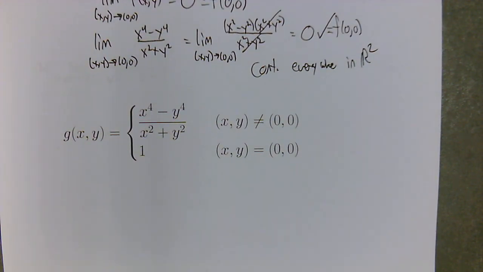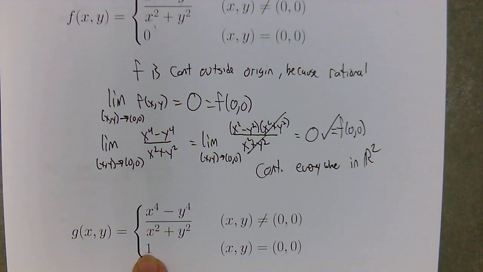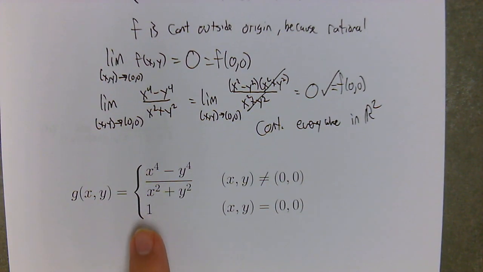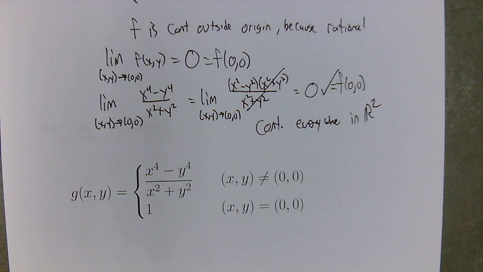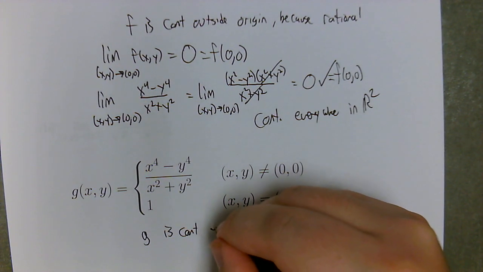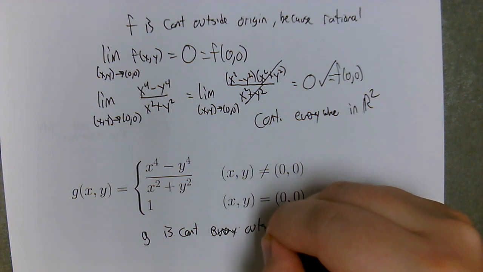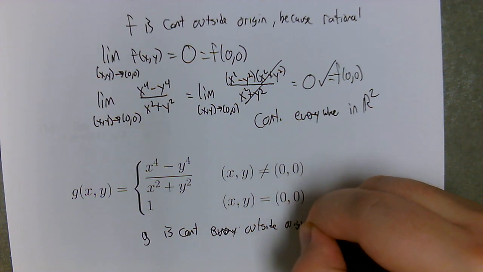All right, now let's move on to a different function, g, which is extremely similar to the one we just looked at. It has the same formula here, but notice that the exception at the origin has now been changed to 1. So just as before, we know that g is continuous outside the origin. And why is that?